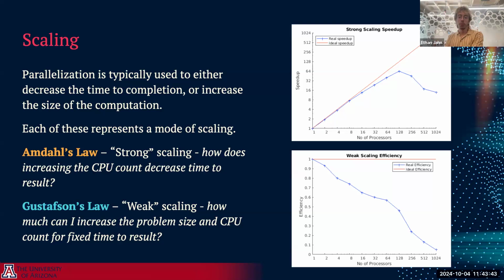So if I'm increasing my number of processors from 16 to 64, I might also be increasing the resolution of my simulation by a factor of 4. So weak scaling asks, how much can I increase the problem size and CPU count for a fixed time to result?